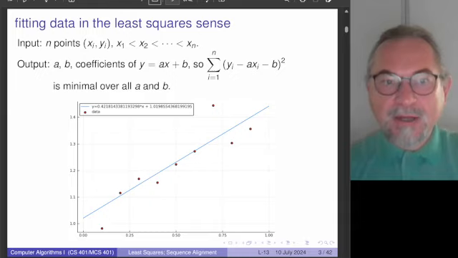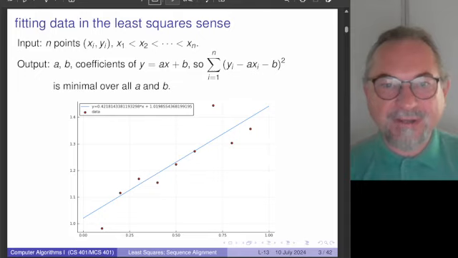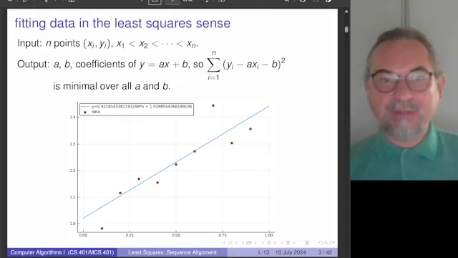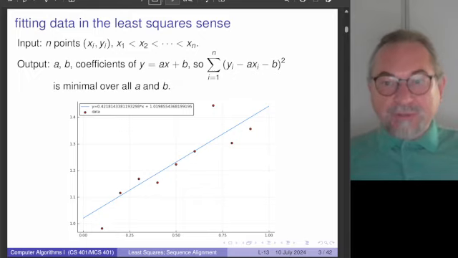Okay, least squares. So this is a slide coming from a linear algebra course. So we have some points, data points. The motivation comes from data science or statistics, and we want to discover a trend in the data.